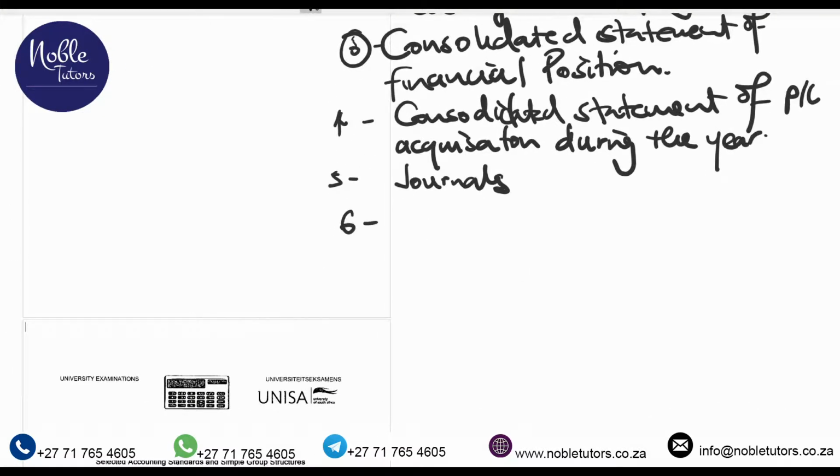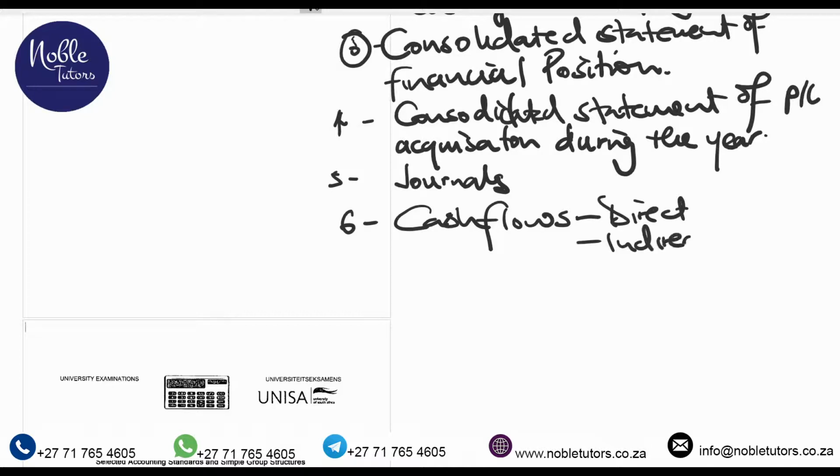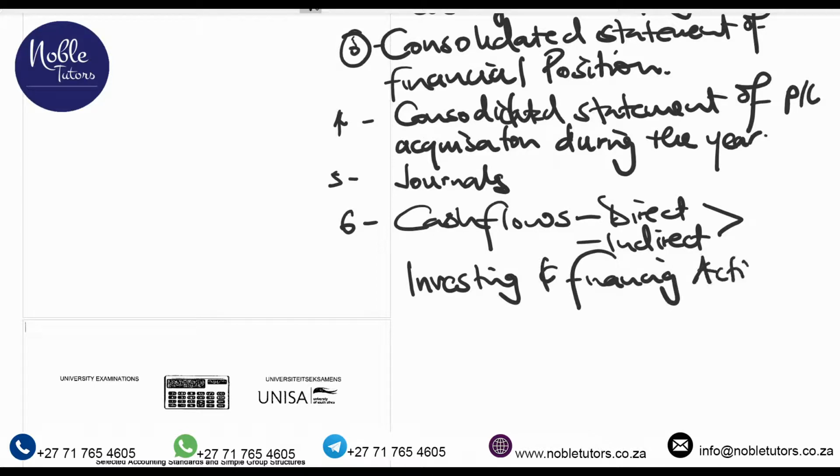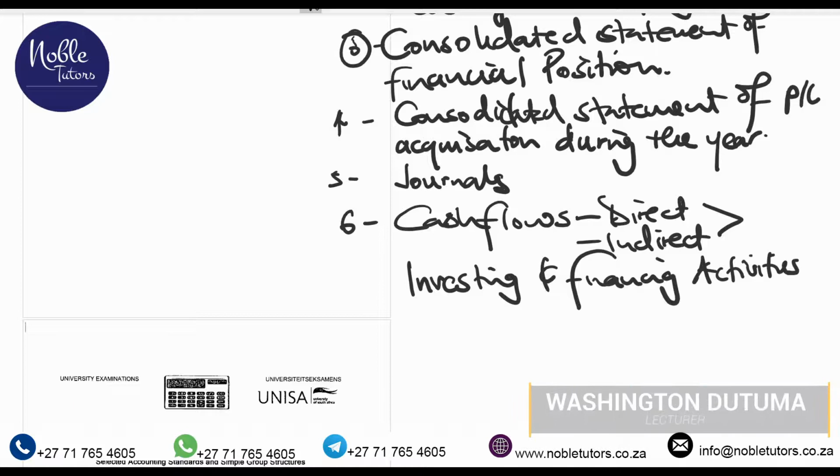Then after the journals, we're going to go to cash flows. Cash flows, we have direct, we have indirect, then we have investing and financing activities. Here we are just preparing cash flow statements of a company.